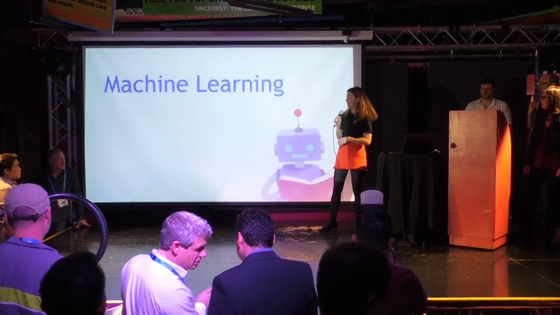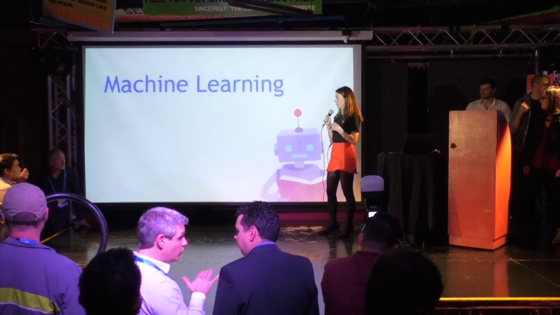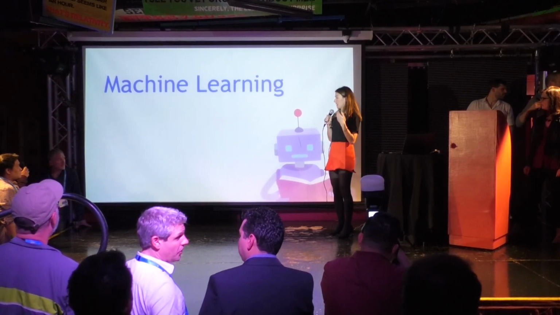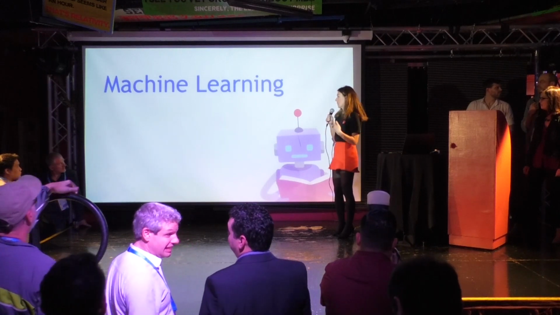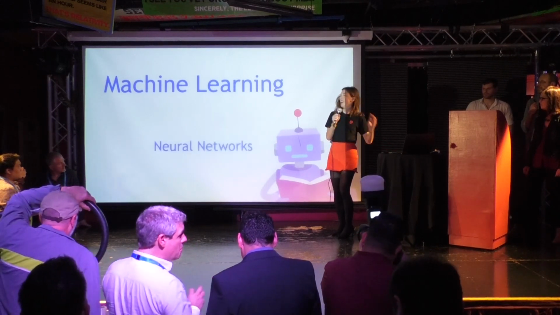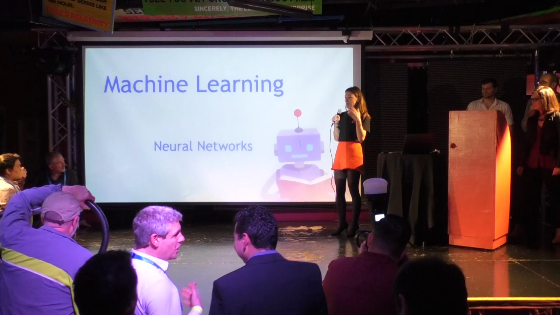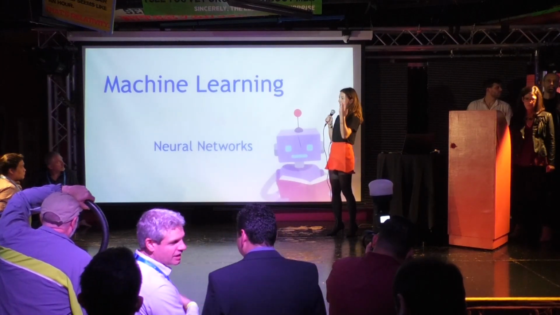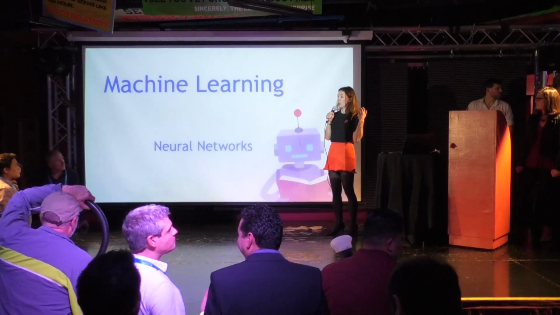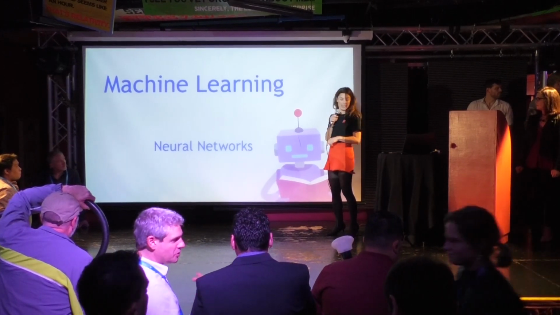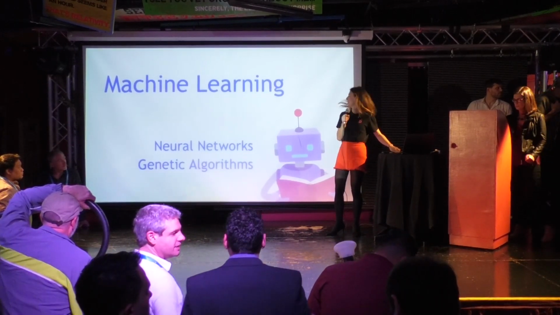When people talk about machine learning, what they usually mean is artificial neural networks. But there's this whole other side of machine learning that is evolutionary algorithms or genetic algorithms. And that is what we use for generative design studies.